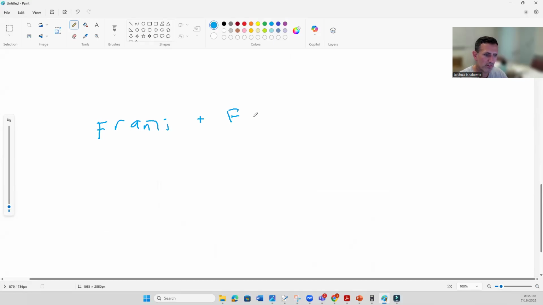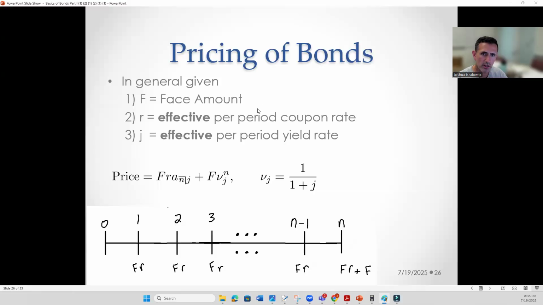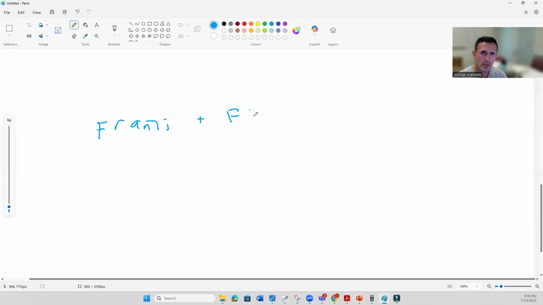So this is just 1 minus v^j to the n over j.